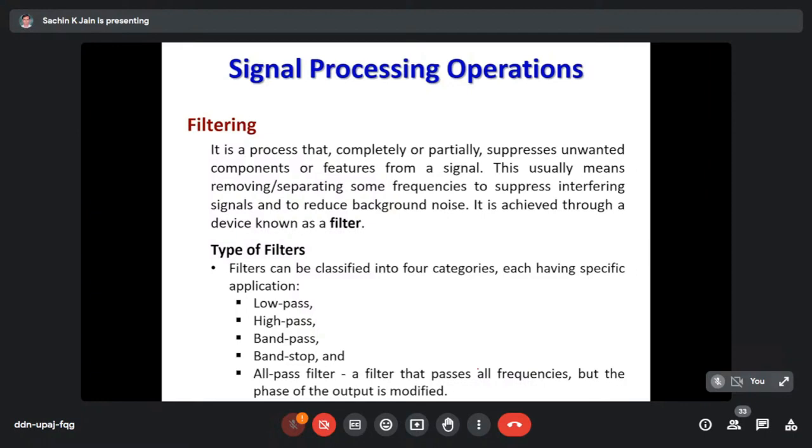In filtering, as the name suggests, we filter out some unwanted component, or we separate two components of interest to us. Filters can be categorized by function: low pass, high pass, band pass, band stop, or all pass. An all pass filter passes all frequencies but shifts the phase; the phase of its output is modified.